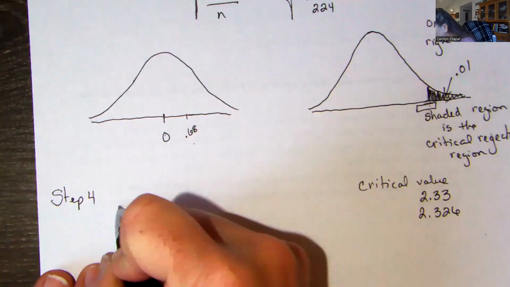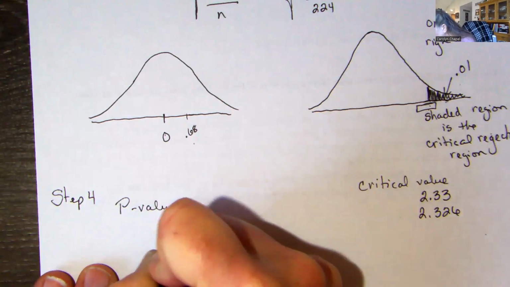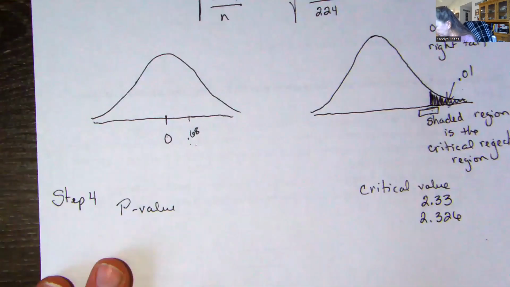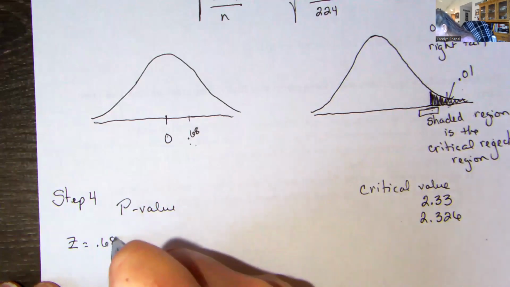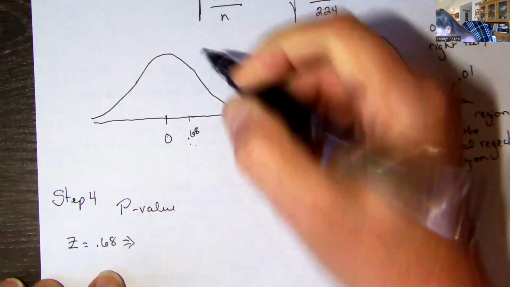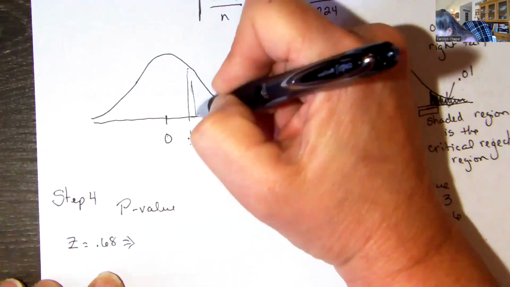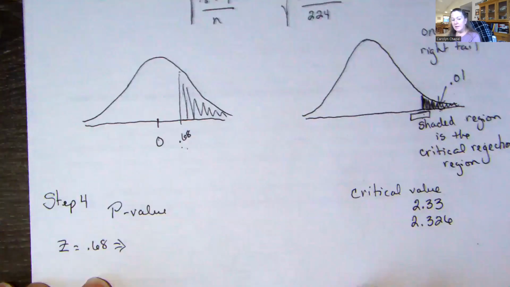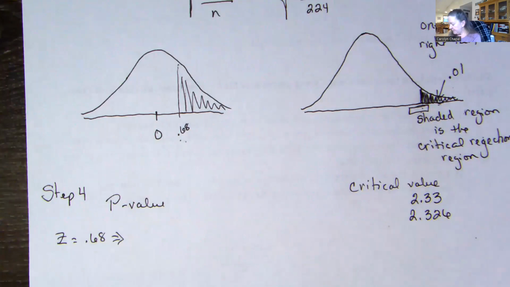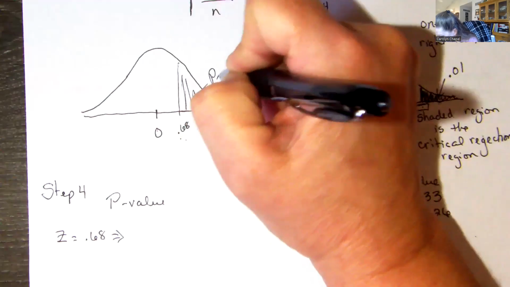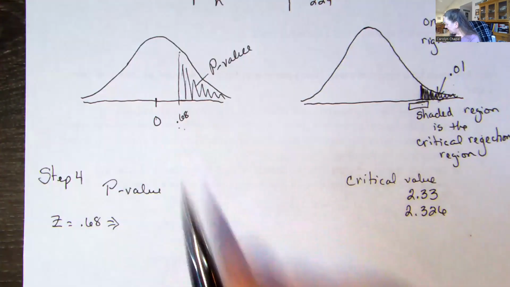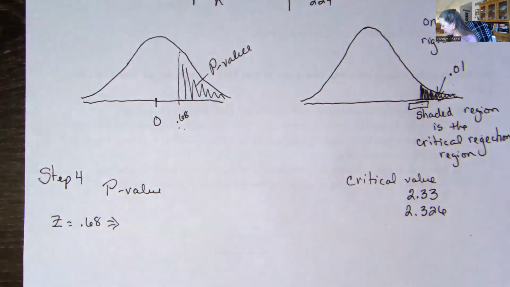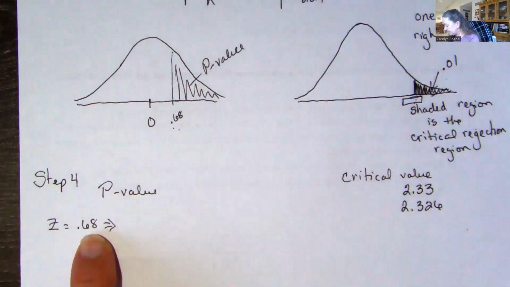To find our p-value, what we do is remember that this is a Z. So we have that our Z value is 0.68. We're going to turn that into a probability. So the p-value is the area in the same direction that we're looking, associated with our test statistic. Okay, so I'm going to take my Z table and I need to look up 0.68.